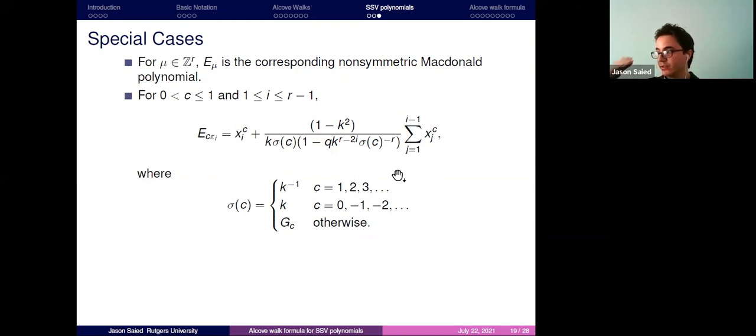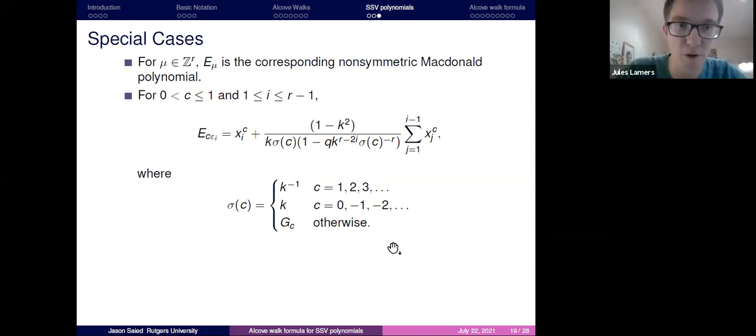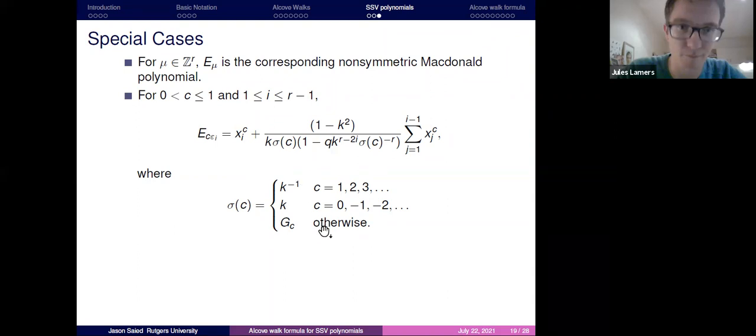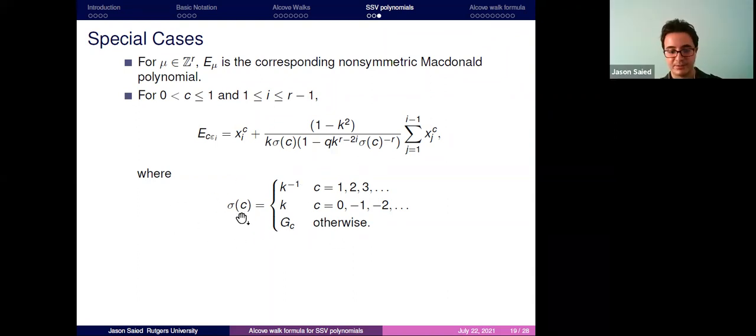You would need a lot more terms. But yes, this sigma will appear elsewhere, so I wanted to define it for all c. All right, okay. But this formula only holds for c small, like written. Yeah, good point. Here I should have just written that if c is 1, you get k inverse, otherwise it's a g. But on the next slide, sigma will appear again, so I wanted to define it.